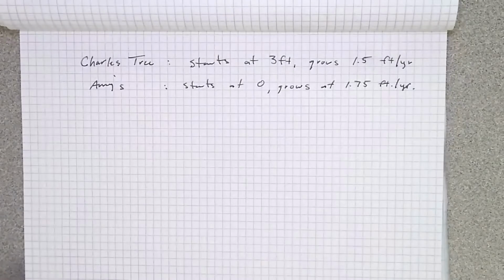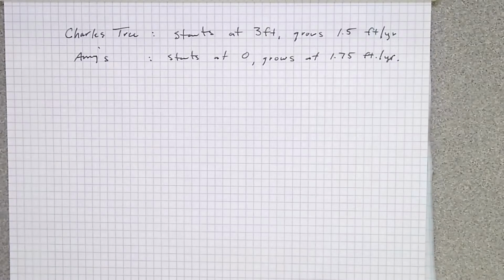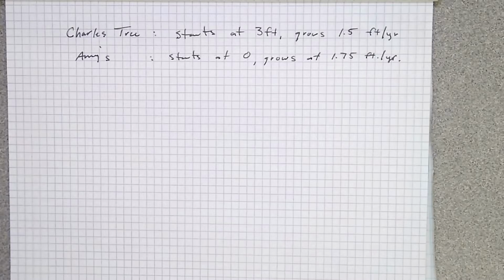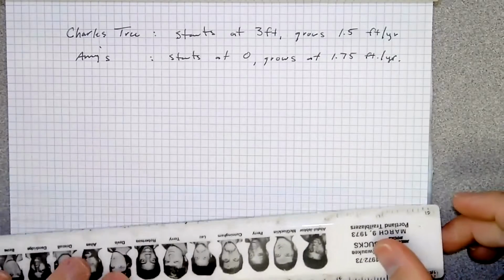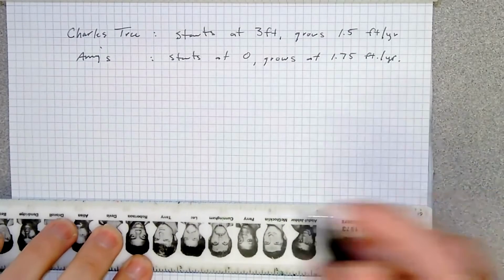All right, so I've seen about three different ways people are trying to solve this, which is great. Okay, so you got Charles's tree starts at 3 feet and grows 1.5 feet every year.